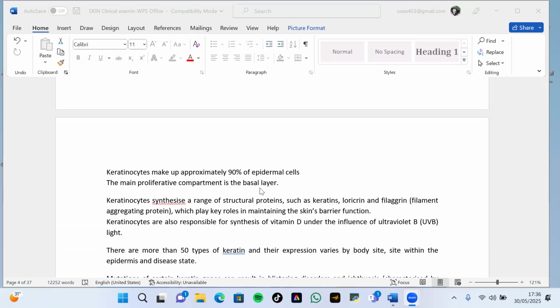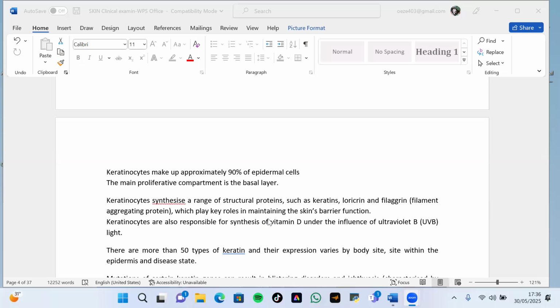The keratinocytes synthesize a range of structural proteins known as keratins. So that's the function of the keratinocytes. Keratins, loricrin, and filaggrin, which is a filament aggregating protein, have a role in maintaining the skin barrier function.